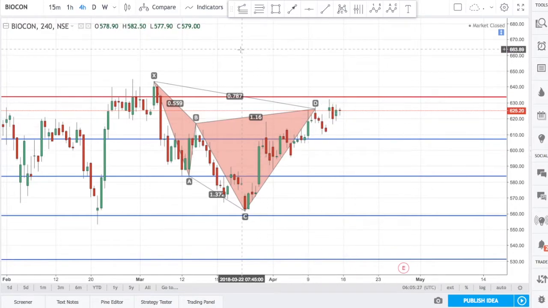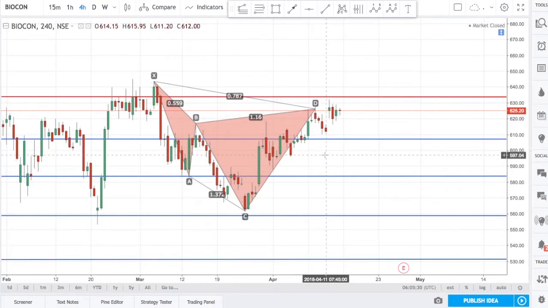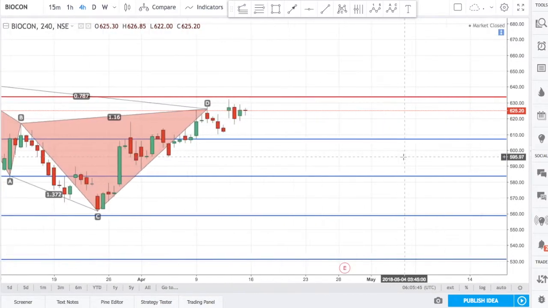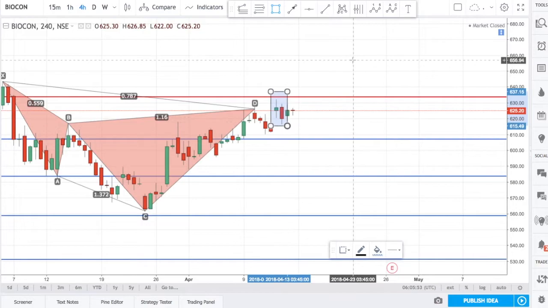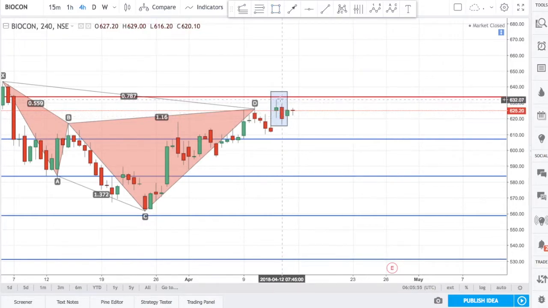So once we have identified the setup, next is to look for references to support our trade assumption. Okay, on this 4-hour chart, we have an indecision candle right at the resistance level, followed by a strong bearish candle.